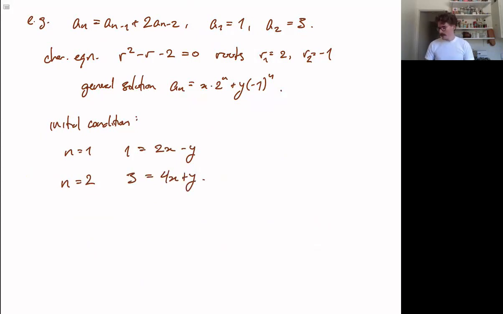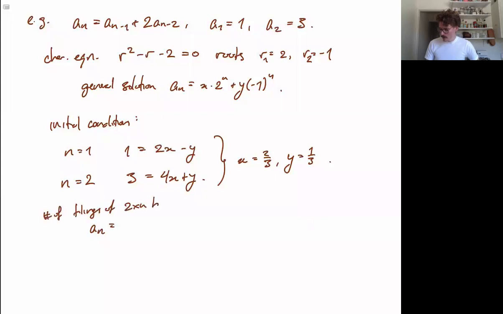And for the sake of time, let me not solve this out longhand. Let me just give you a quick peek at the solution. You will find that x equals 2/3 and y equals 1/3. And so our solution to this recurrence relation with these initial conditions, which is to say the number of tilings of a 2 by n board with 1x2 and 2x2 pieces, this is the example that we got it from in the beginning.